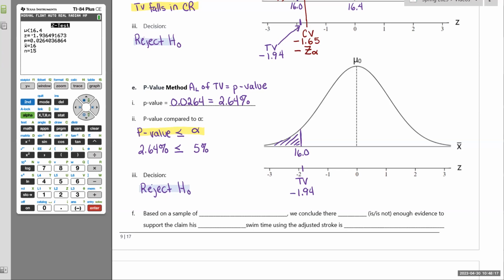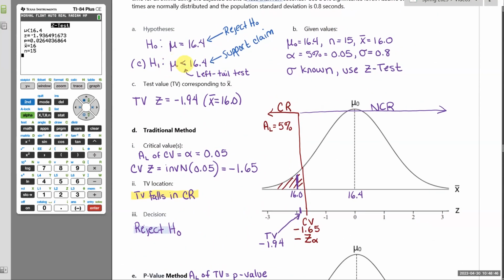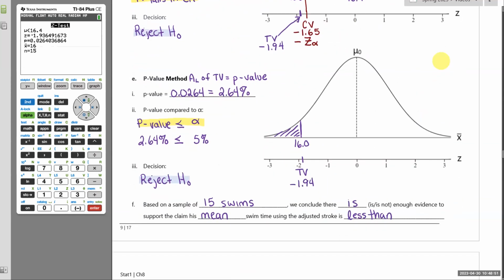Based on a sample of 15 swims, we conclude that there is enough evidence to support the claim that his mean swim time using the adjusted stroke is less than 16. Just going again up to our claim that the mean is less than 16.4 seconds.